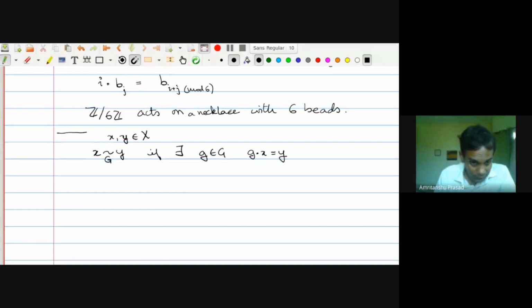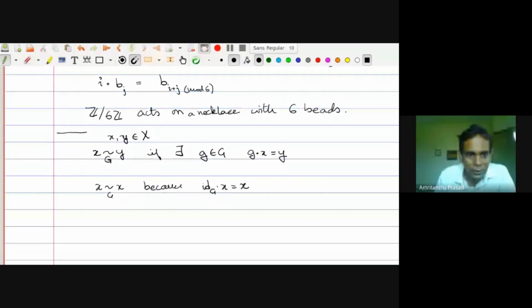So that's the notion of equivalence, and you have to check that this is an equivalence relation. So firstly, x is equivalent to x because identity of G times x is equal to x. Then you have to check symmetry.